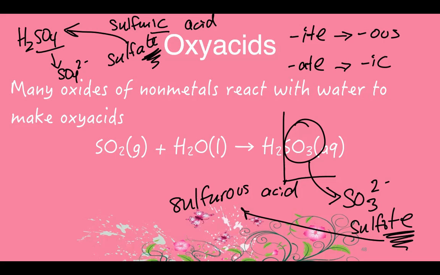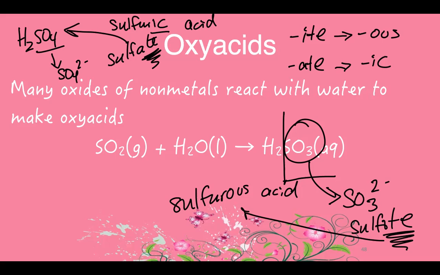So itis-adic is the trick that I use to name oxyacids. If you isolate the part of the formula from the acid without the hydrogen, what's the name of that as an ion? Then you can translate the name of the acid.